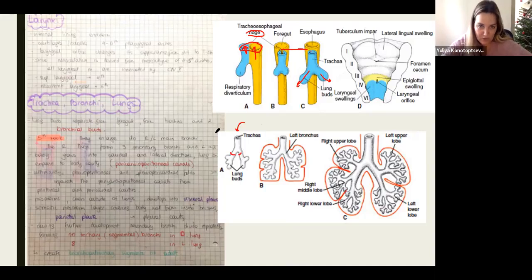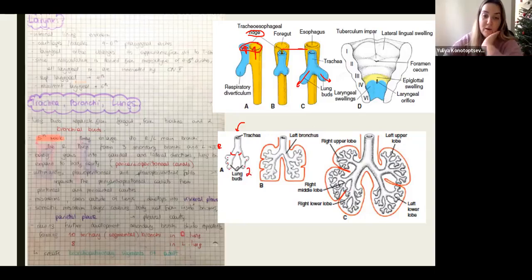So here we're going to have the two different, how do you call these ones? The lobar bronchi or secondary bronchi, and you can see that there are 3 and 2, right? On the right side, we're going to have 3 secondary lobar bronchi, and on the left side, we're going to have 2 of them.